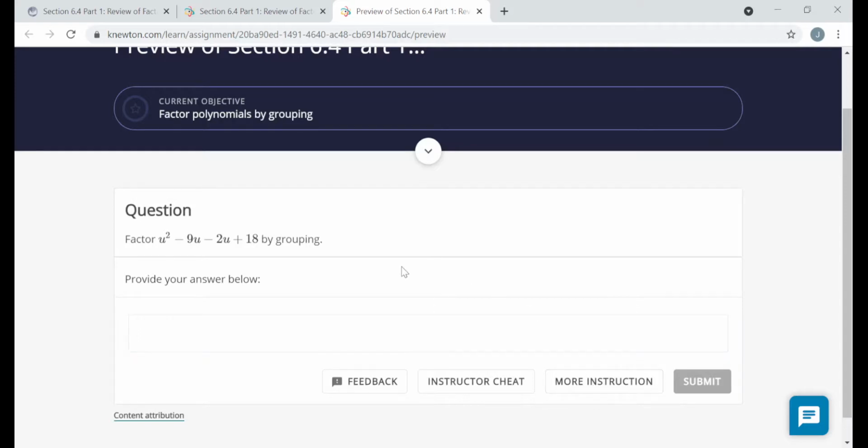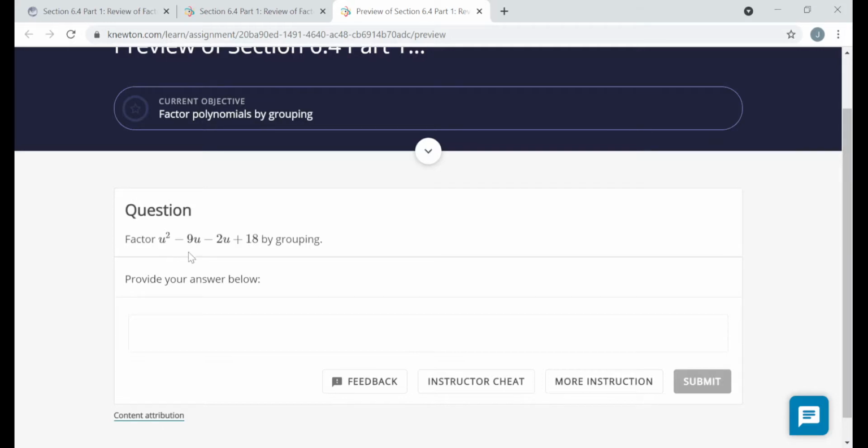Alright, so we are asked to factor, this is in the objective in question 1 here. The objective is factor polynomials by grouping. Alright, so we factor polynomials that have more than 3 terms. So you see how this polynomial has 4 terms the way it's written, right?